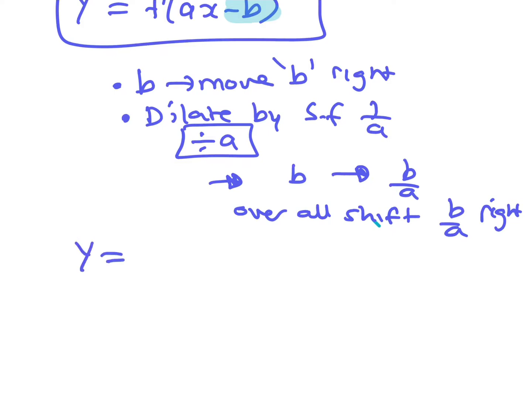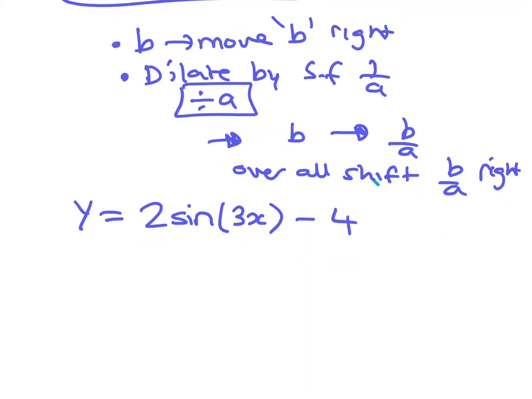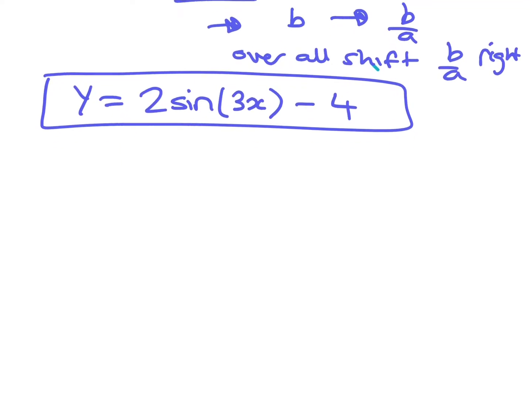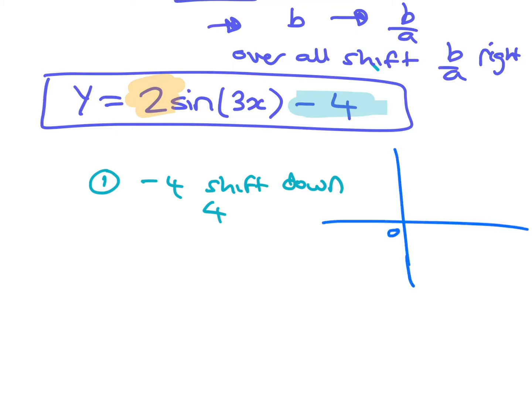So let's just look at 2 sine 3x minus 4. So there's quite a few constants involved in this. We're just going to start with the vertical. And also we've got the amplitude, which is the 2. Okay, so the -4 means it will shift down 4. So let me just start by doing this.